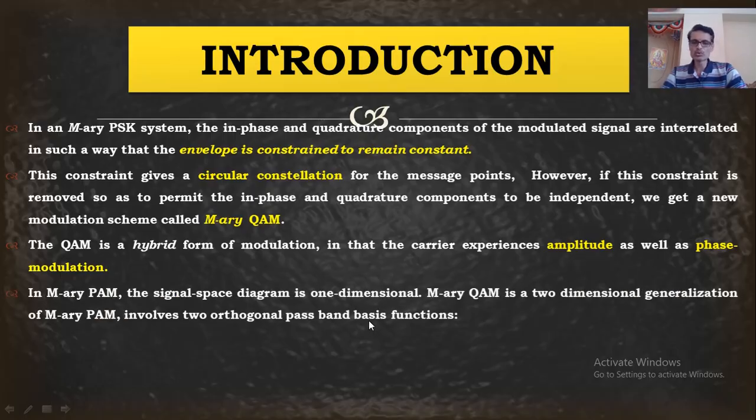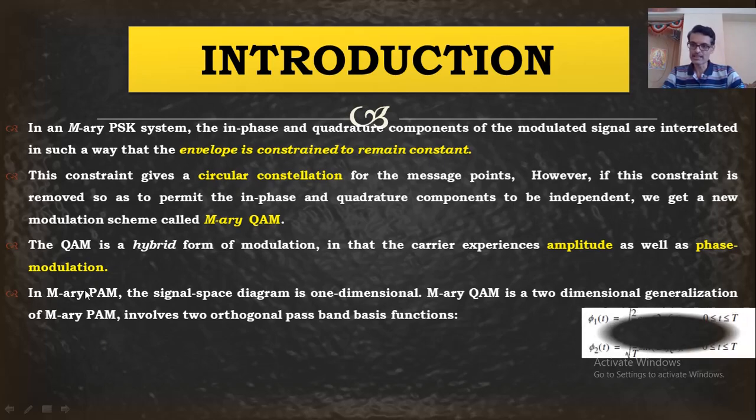Now, how to get that signal space diagram? How to represent the square signal space diagram for M array QAM, where M can be anything, again 2 power N, I'm sorry, M is equal to 2 power N. Now just consider the M array PAM case. In the M array PAM, the signal space diagram is one dimensional.